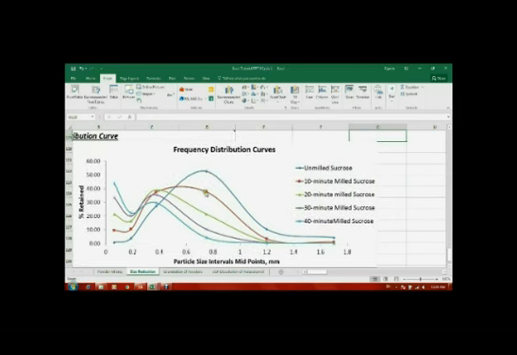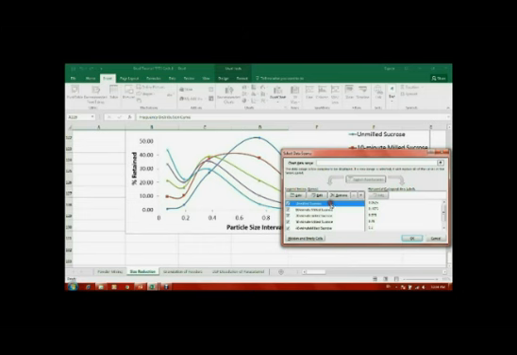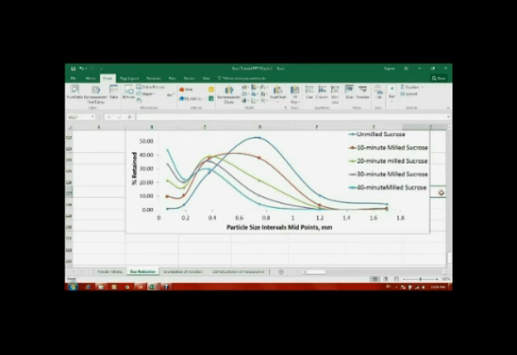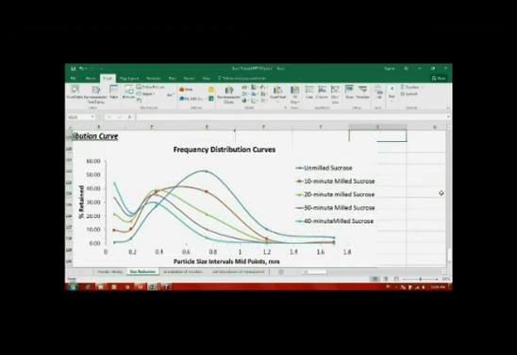As milling time is increasing, the curves will have smaller x-coordinate of its peak and higher percentages of particles retained on sieves with smaller pore sizes.